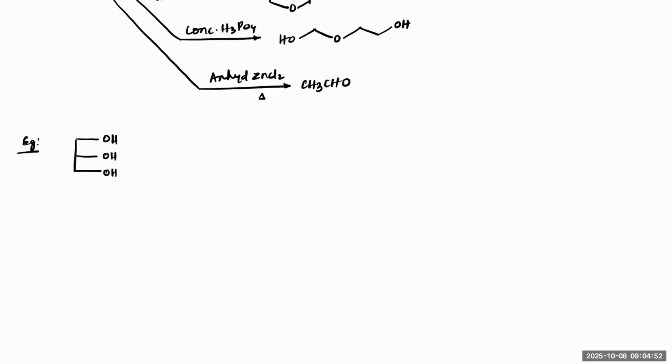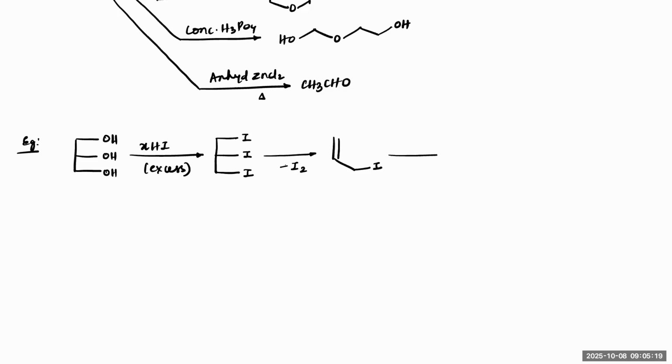If I treat that with HI first, X moles of HI, which is excess, we need to figure out how many moles of X are required. First, 3 moles are required to get 3 iodides. Next, because this is an unstable form, iodine leaves and you get a double bond.